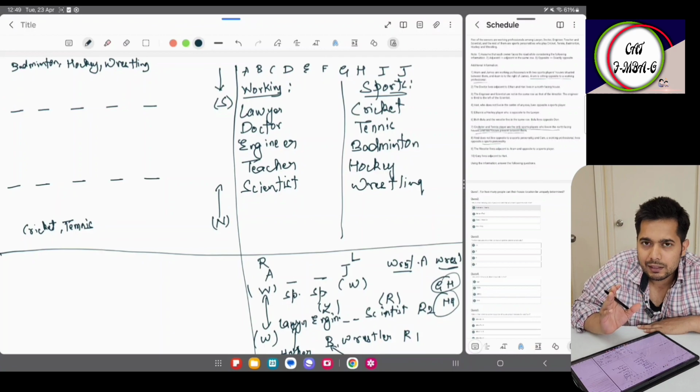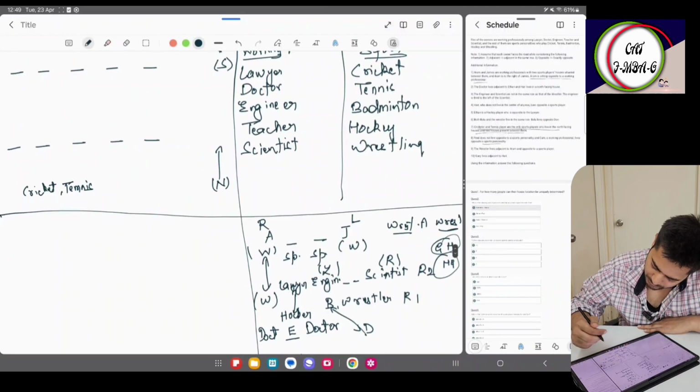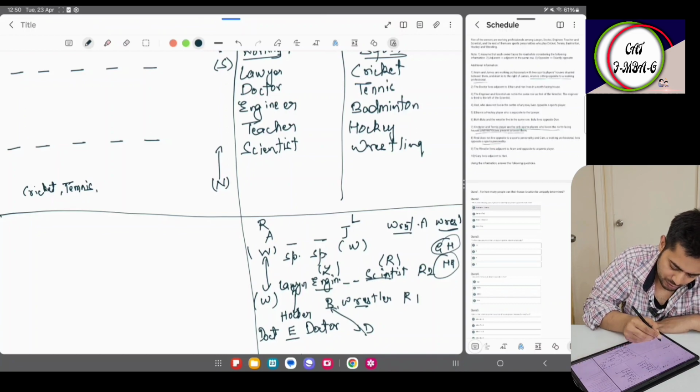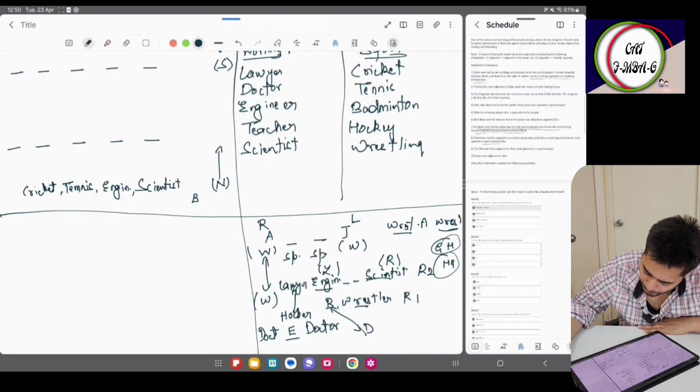We know that wrestler and engineer and scientist are in different rows. From this we know that engineer and scientist are in row 2 and wrestler and B are in row 1. So obviously engineer and scientist will be here. Okay. B will also be here.